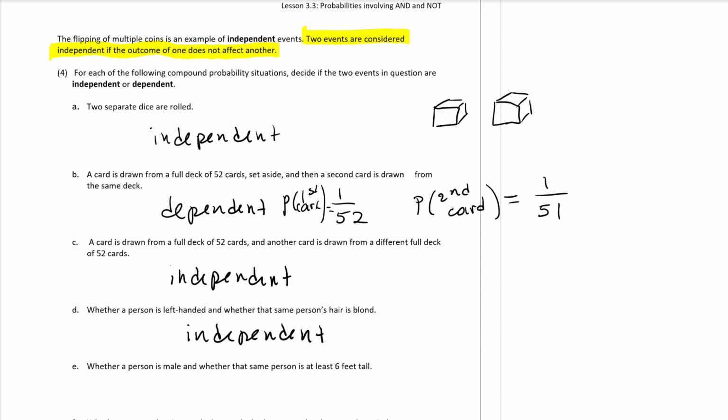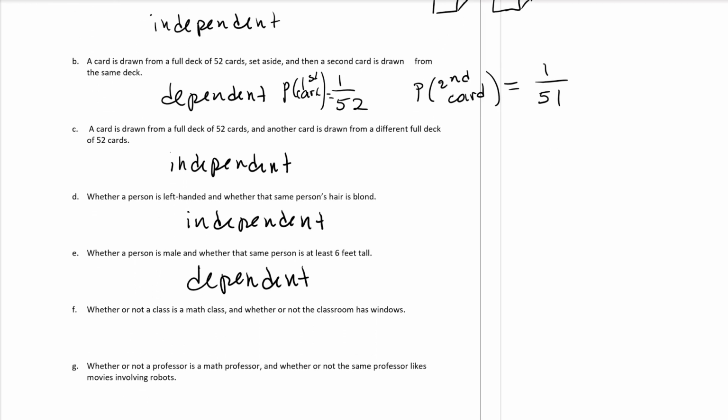It's a biological fact. Therefore, if we know that the person is male, it will influence their expected height. So those two events are definitely dependent. It has been shown that there is a relationship between height and biological gender.